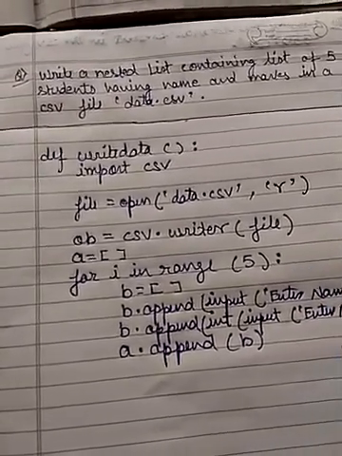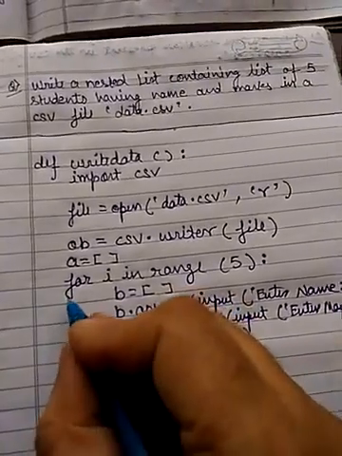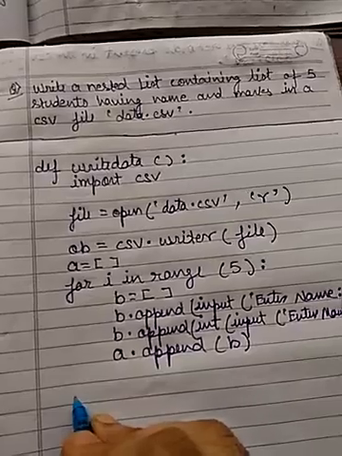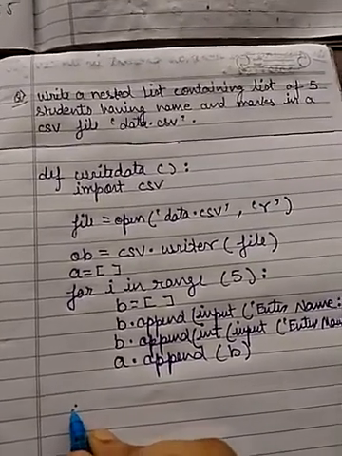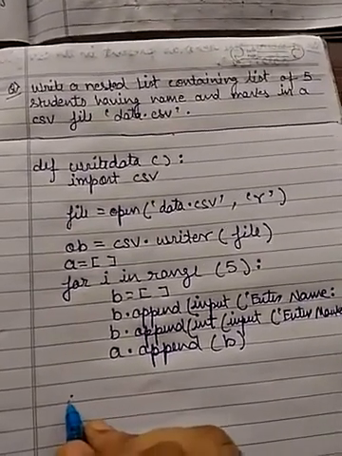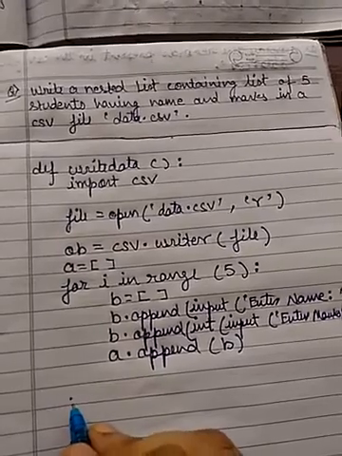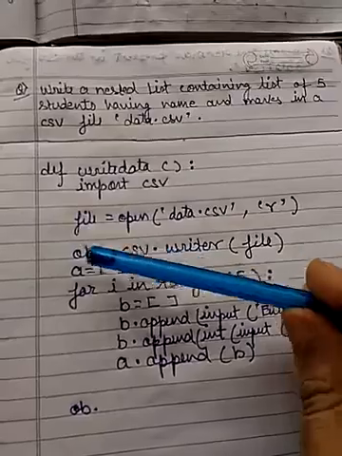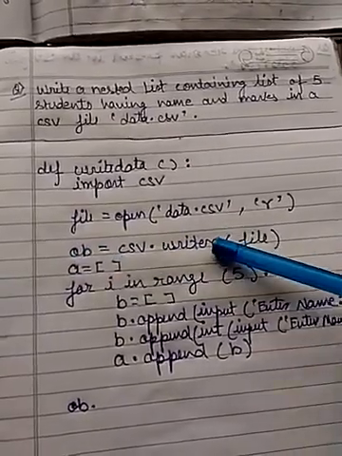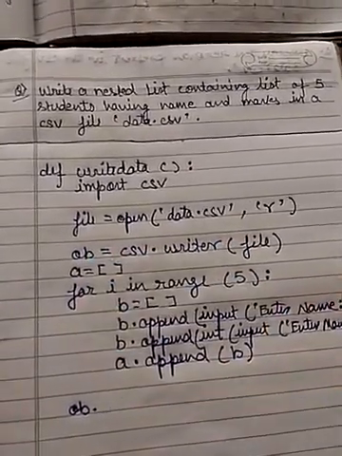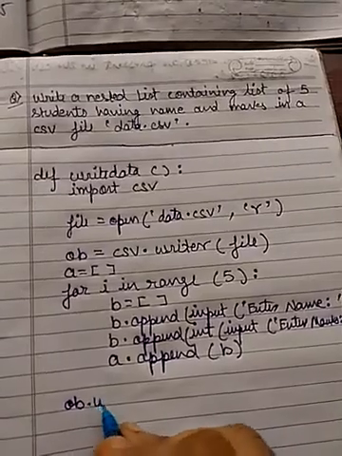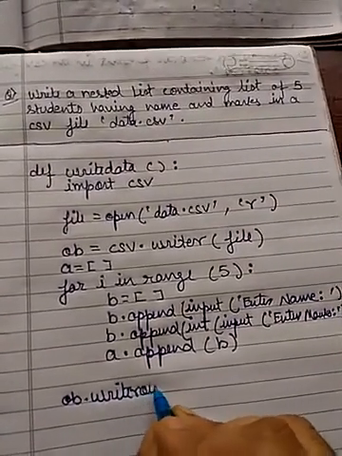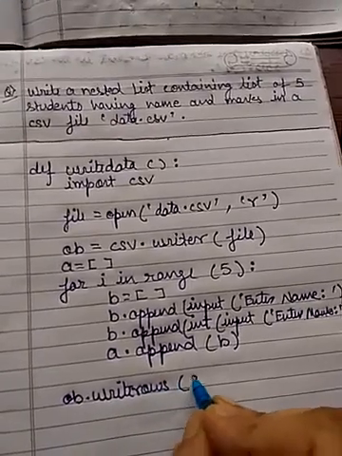So after the completion of the loop, here in this indent, meaning after the loop, I am calling the function writerows. The writerows function is a function of the writer class, so it has to be called with the object of the writer class, this ob.writerows(A).